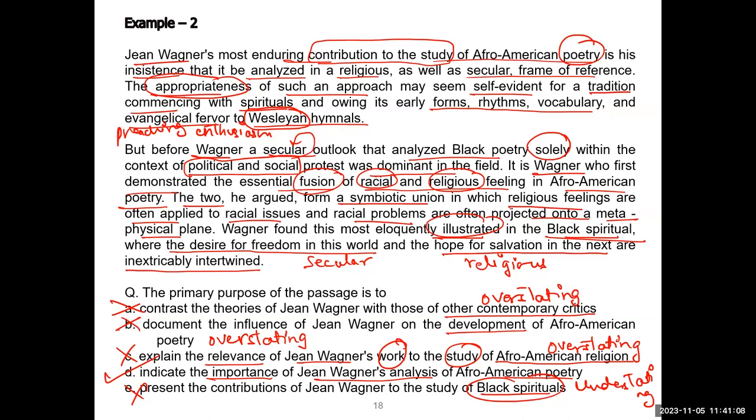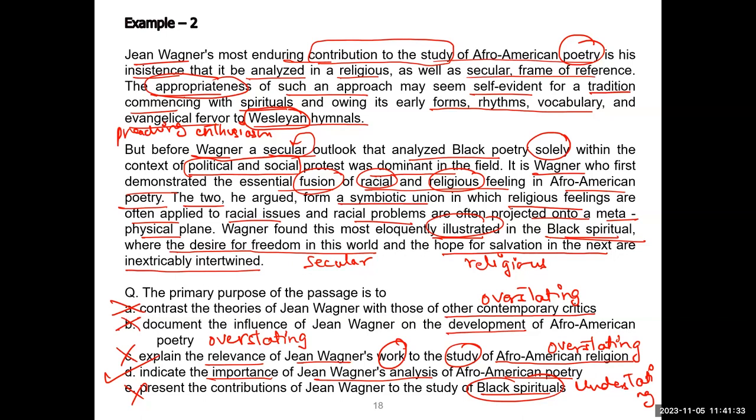So when you look at it from the angle of overstating and understating, then you can eliminate all the wrong answers. Whenever you are practicing main idea questions, in the initial days, for every single option, ask yourself, is it overstating, understating?